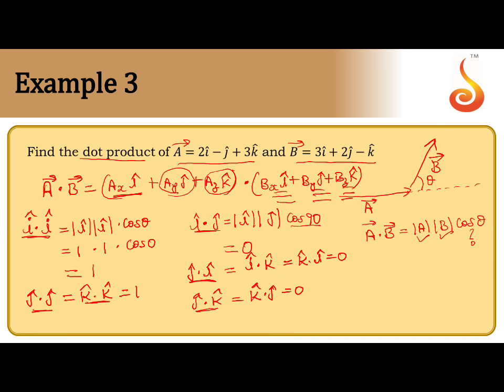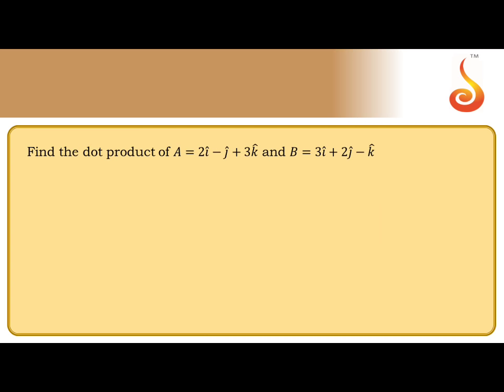So if I have to find the dot product of the given two vectors, how do I do it? A vector dot B vector is equal to, I have to multiply these two vectors now, (2i cap minus j cap plus 3k cap) dot (3i cap plus 2j cap minus k cap). First take 2i and multiply with the three terms of the second vector.